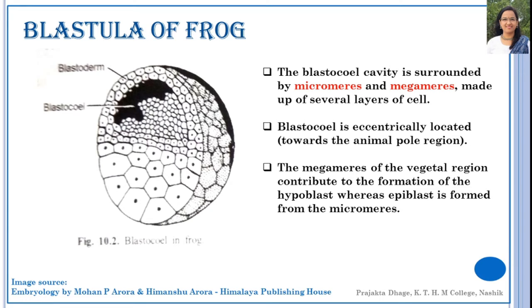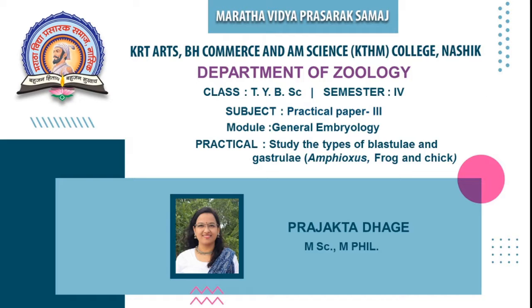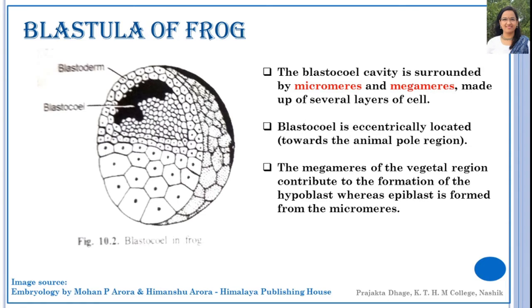The large yolk-filled cells are referred to as megameres, and the smaller cells are referred to as micromeres. Micromeres are present at the animal pole region, and they are going to form the epiblast.